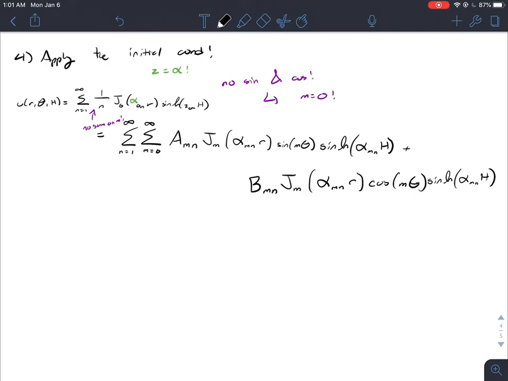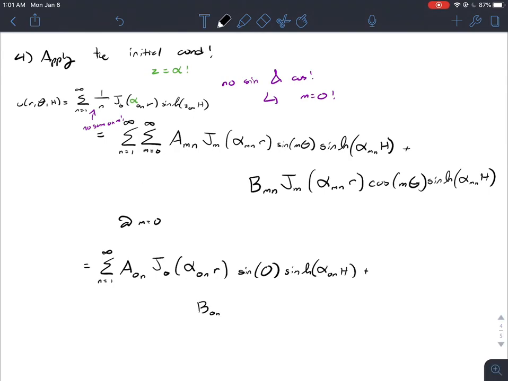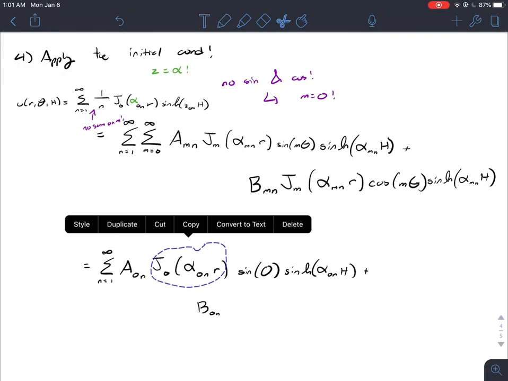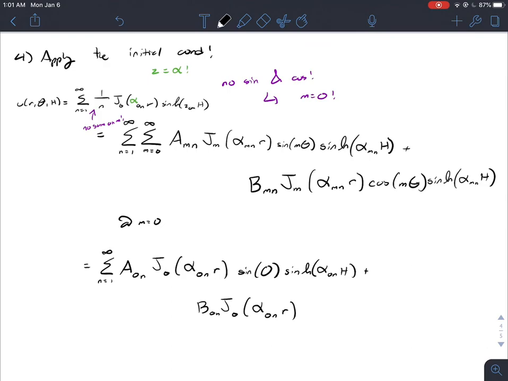So now let's reduce our right-hand side of the equation so that we're specifically at m equals 0. So now it's going to be equal to the summation n equals 1 to infinity, but now we're specifically looking at m equals 0. So a0n times J0 of alpha 0n r times sine of 0 times sinh of alpha 0n h, plus b0n, and I can just copy and paste this basically, times cosine of 0 times sinh of alpha 0n h.